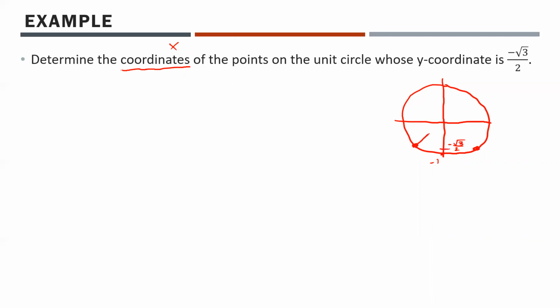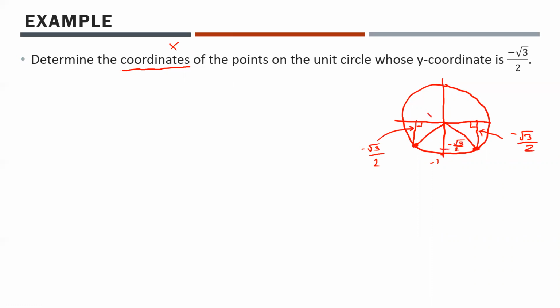So you could connect it with a line from the center for both of these. Make a right angle using one of your axes. I'll use the x-axis in this case for both of these. And then recognize that this vertical component, this side right here, has a side length of -√3/2 on both of them, right?